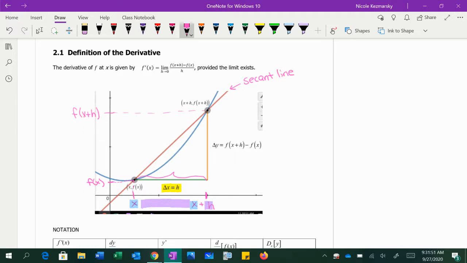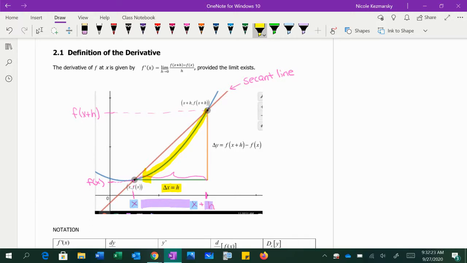Okay. So then what's going to happen through this definition is we're going to take this second point, the one at x plus h, and we're going to slide it closer to our point at x. So we're going to take this second point and we're going to slide it along this blue curve until we get closer and closer to x.